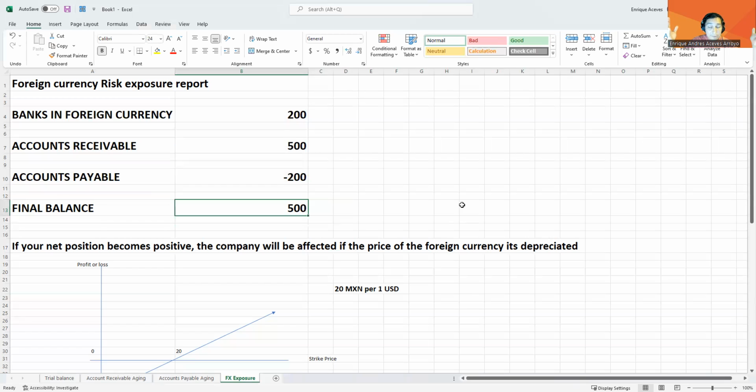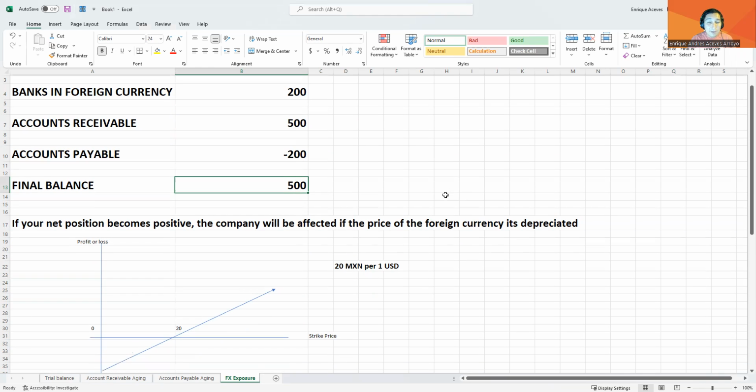What do those 500 mean? Well, that means that if you collect all the receivables and you pay all your suppliers, you will end up with plus 500. And with that exposure, you will now know what to do. Because what would happen if the price of that currency gets appreciated or depreciated?